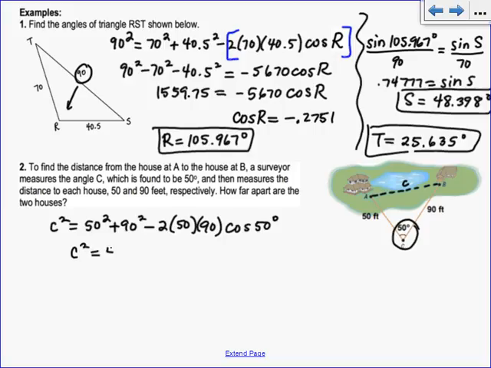So I get C squared equals 4,814.912. So when I take the square root, I get 390. And that's in feet.